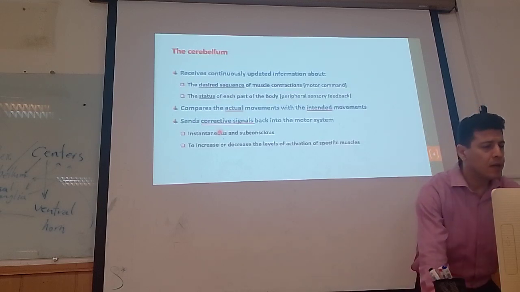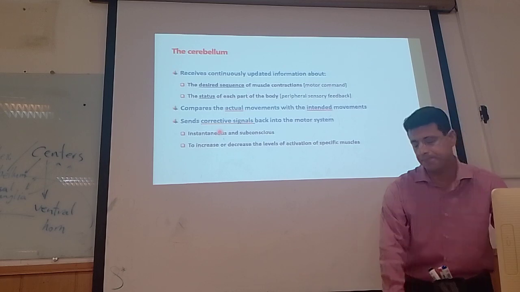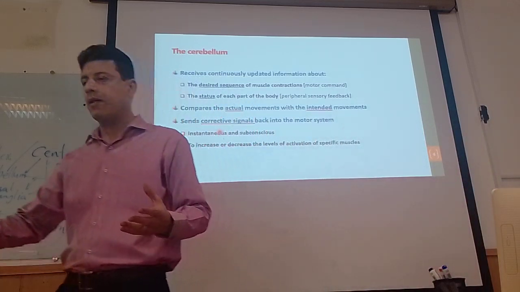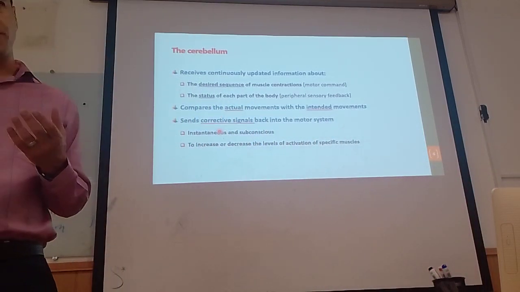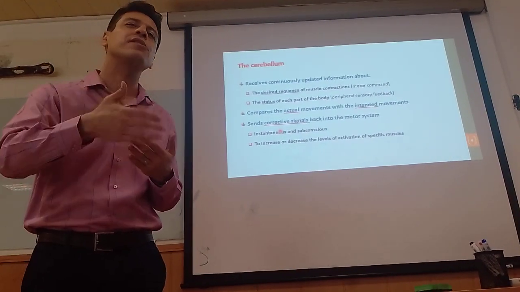Okay? So to do this, the cerebellum receives continuously updated information about the desired sequence of motor contraction and the status of each part of the body. So the cerebellum receives information from the cortex, so it's informed about what the cortex is going to do.